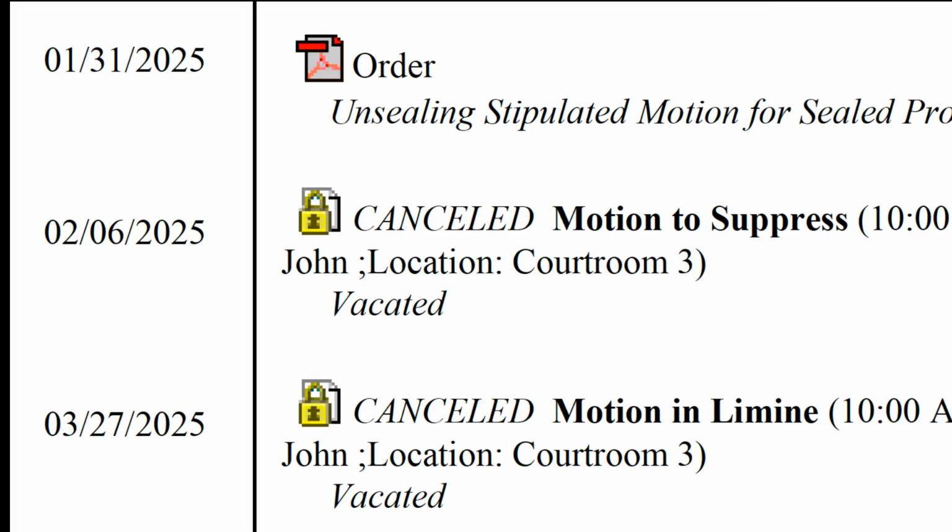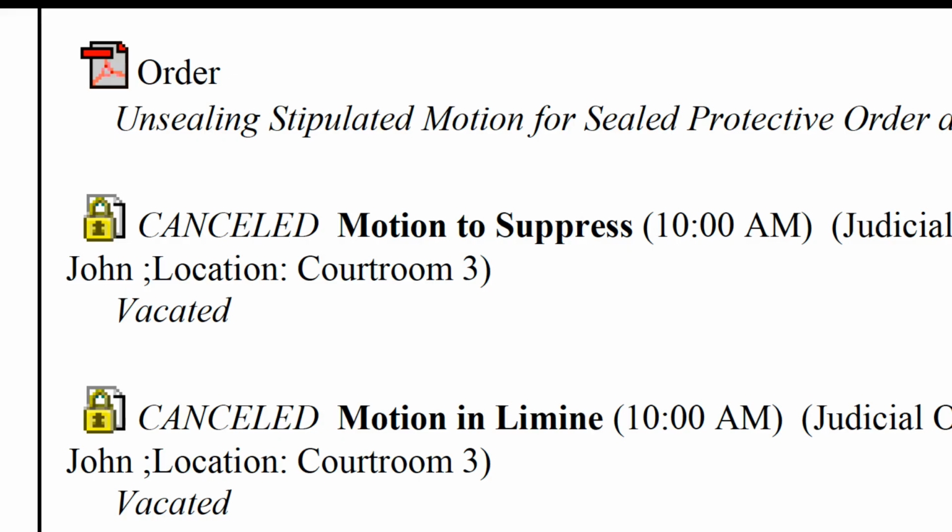It is the notation that a February 6th, 2025 hearing on a motion to suppress that had been scheduled by Judge John Judge while the matter was still in Latah County prior to change of venue in September was canceled. Next to it, you see a little lock and key, meaning that that hearing was going to be sealed from the public.